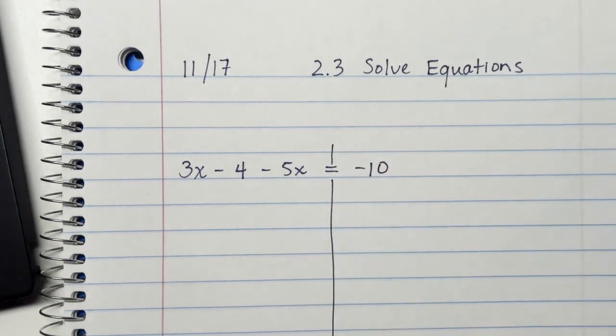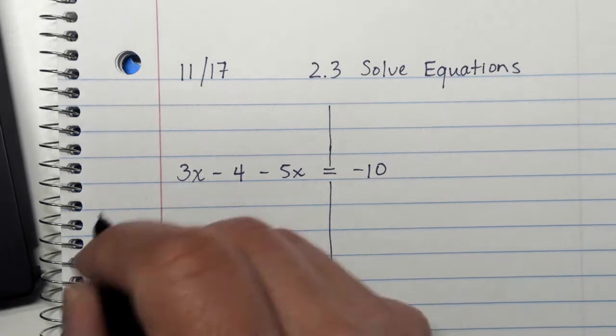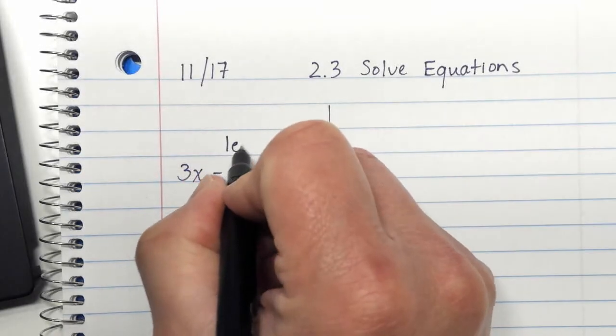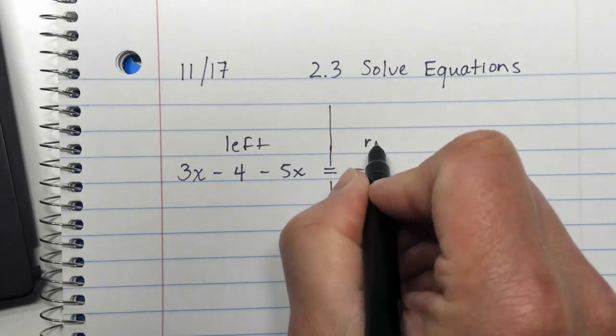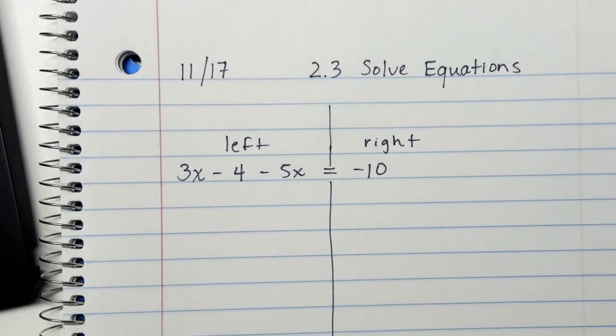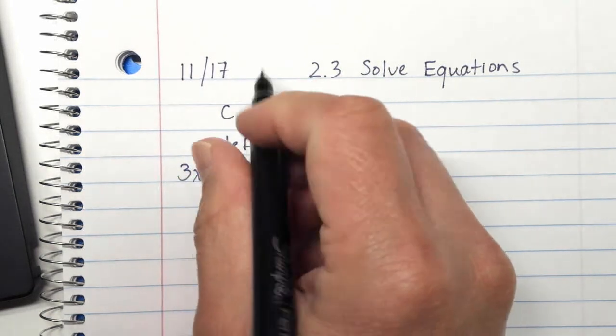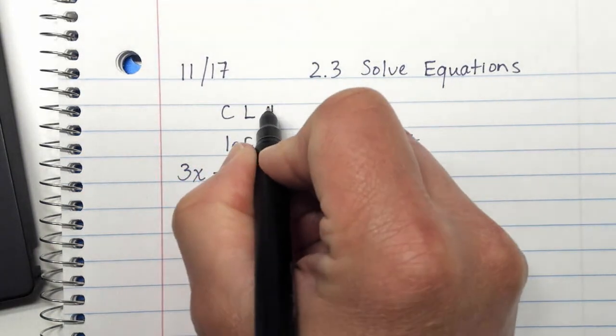I'm drawing a line down the middle to remind you that all equations have a left side and a right side. So, if the variables are on the same side of the equation, then you combine like terms.